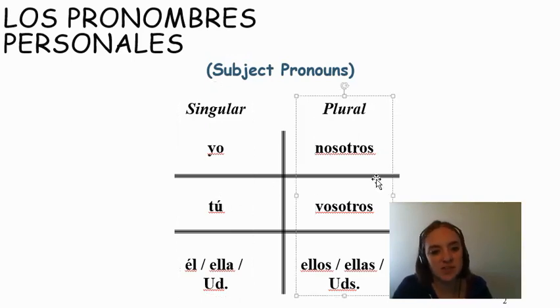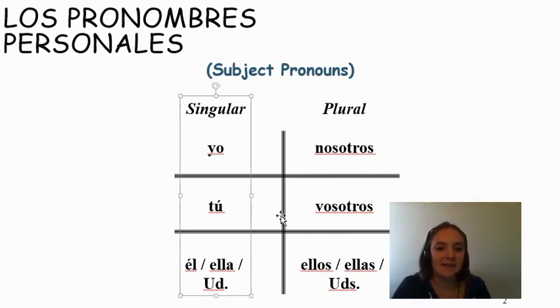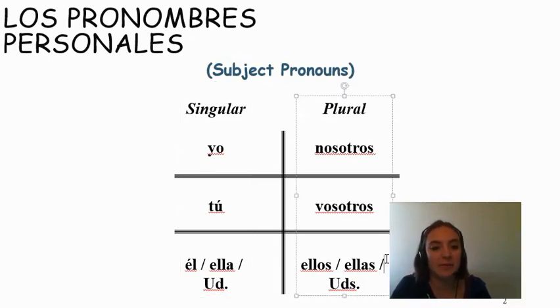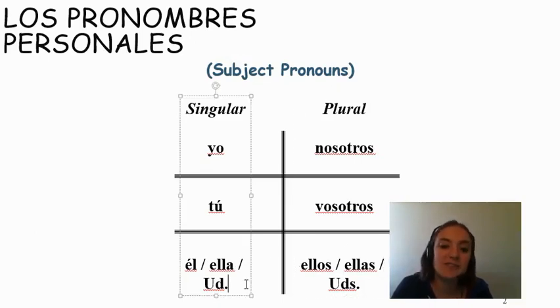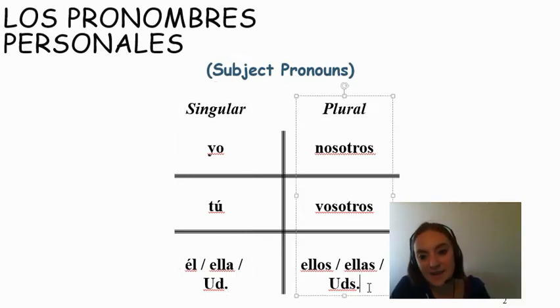Vosotros is a bunch of buddies, all of you. Él is he. Ellos is they, when you're talking about boys or boys and girls. Ella is she. Ellas is feminine they, talking about all girls. And then finally, usted is one singular you formal. And then ustedes is all of you formal. Okay?